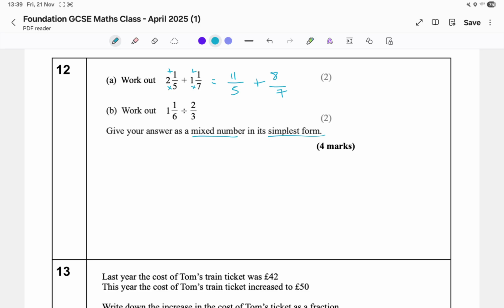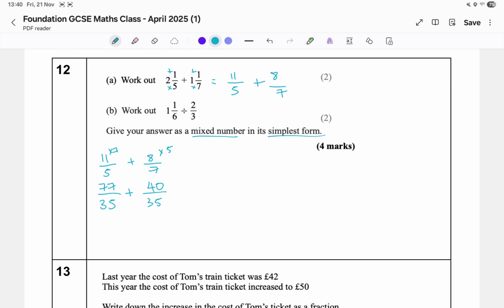So first we're going to do 11 over 5, add 8 over 7. So get the denominators the same to add fractions. I can see a common denominator in both of them is 35. 5 times 7 is 35, so therefore 11 times 7 is 77. 7 times 5 is 35, therefore 8 times 5 is going to be 40.